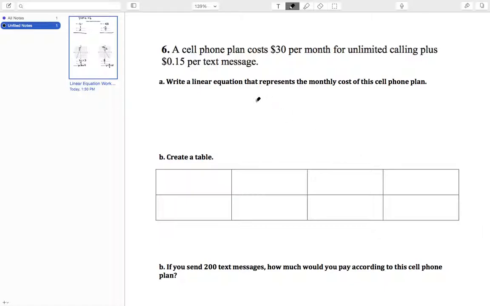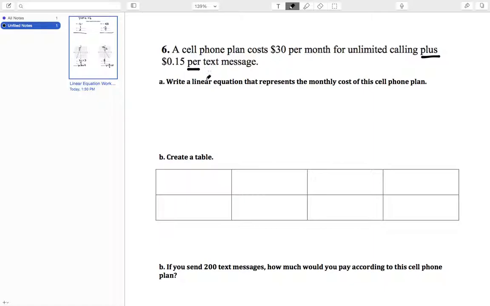The problem is a cell phone plan costs $30 per month for unlimited calling plus 15 cents per text message. We've got plus, we've got per text message. They're looking at what 1 month is, so I kind of am going to ignore this per.